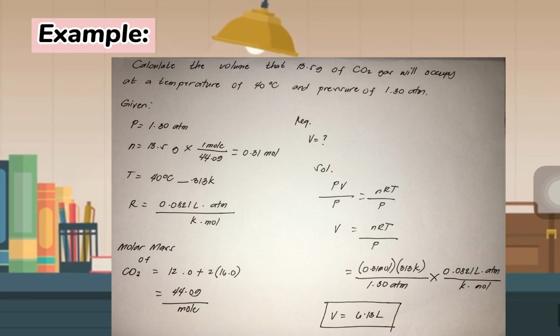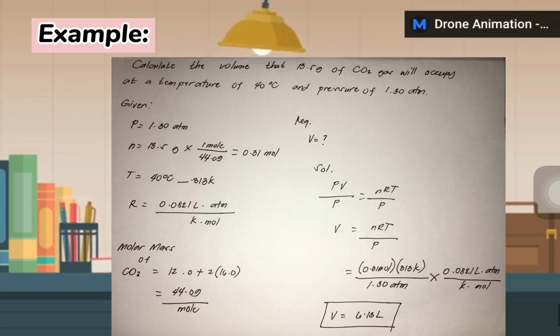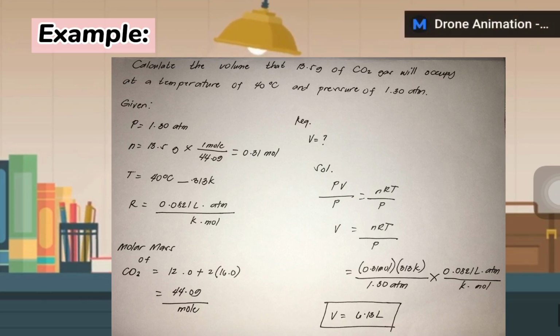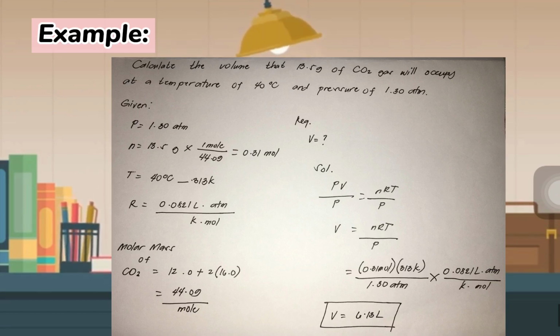Our amount of substance will be 13.5 grams times 1 mole over 44.0 gram is equal to 0.31 mole. Then our temperature, since we are finding the value in Kelvin, 40 degrees Celsius converted to Kelvin will become 313 Kelvin. Then our ideal gas constant, we have 0.0821 liter times atm over Kelvin times mole.